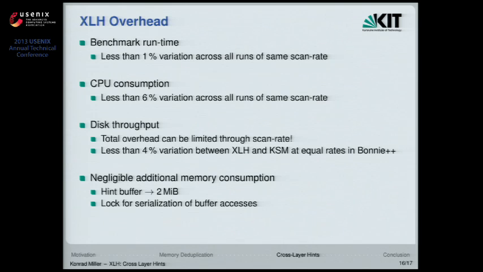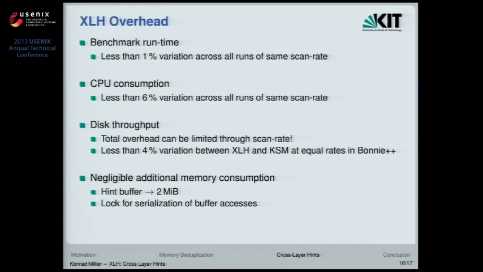And when we look at disk throughput, and this is the benchmark where Satori actually showed slowdowns up to 35%, of course, this is a very unfair comparison to Satori, as we can tune our scan rate to a setting where we don't see any slowdowns for us.